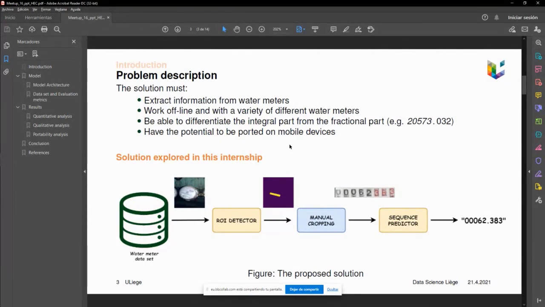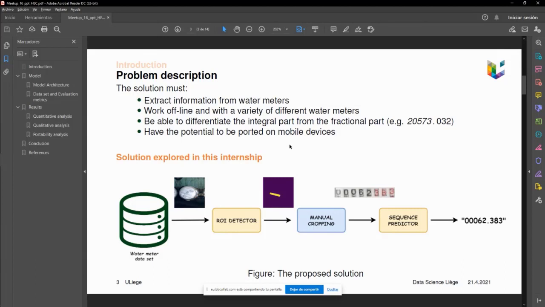The diagram that you see on the bottom part of the slide gives you an overall picture of the entire process that we adopted. On the left-hand side, you would see that we have a data set of water meter readings, and my colleague will give you examples of those readings later.